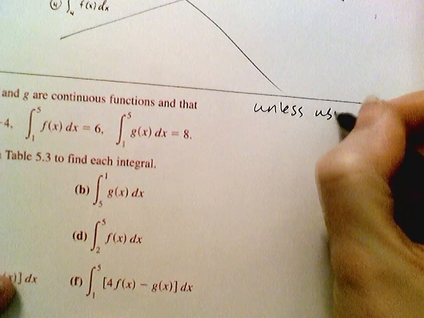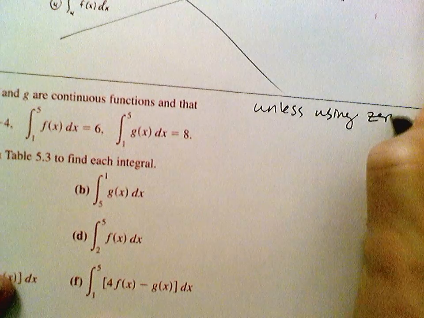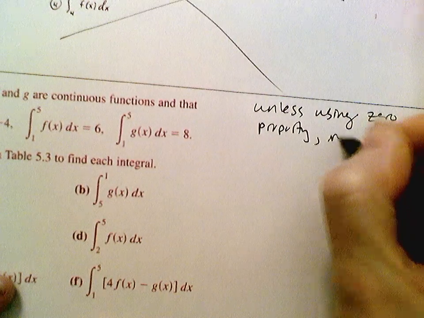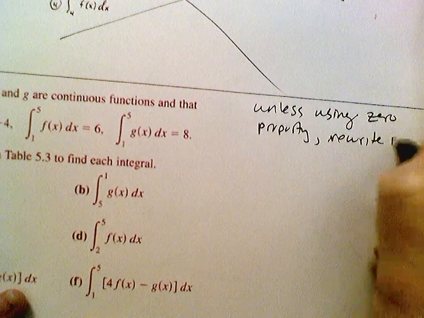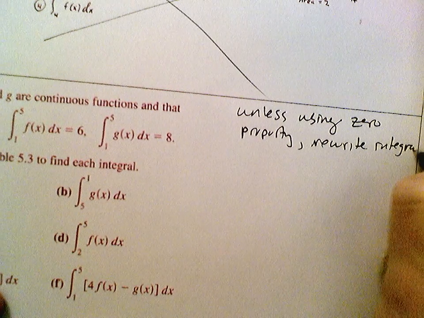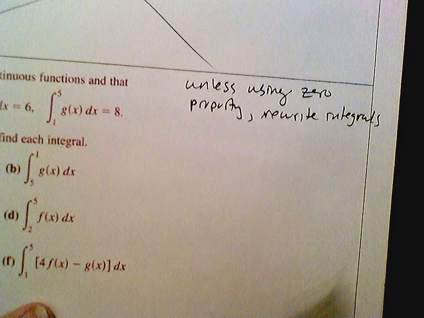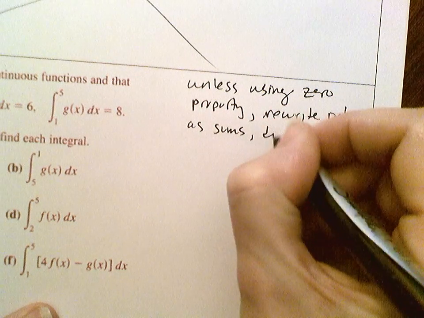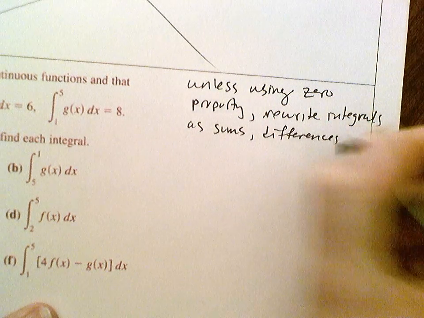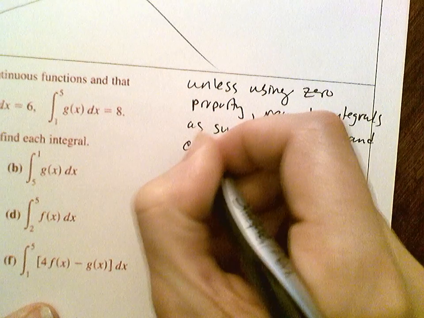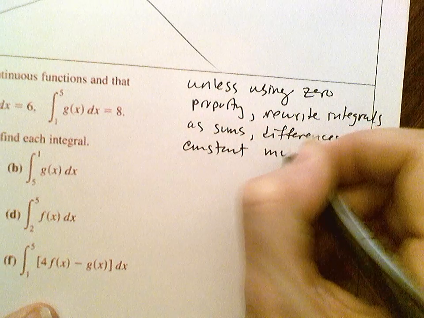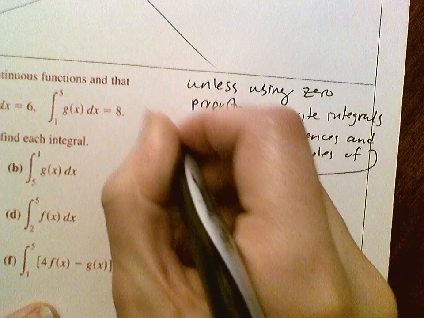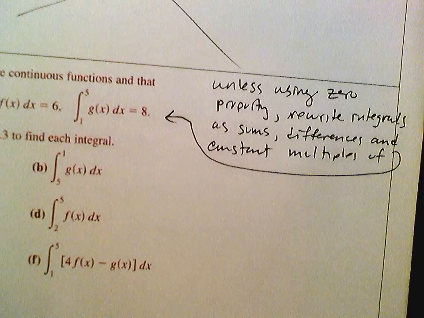Unless using the zero property, rewrite the integrals as sums, differences, and constant multiples of those ones there.